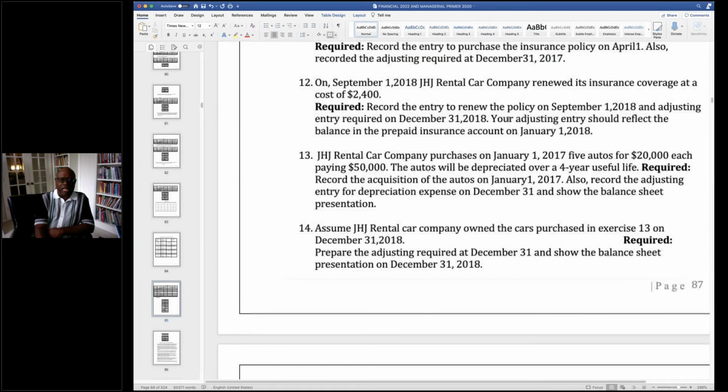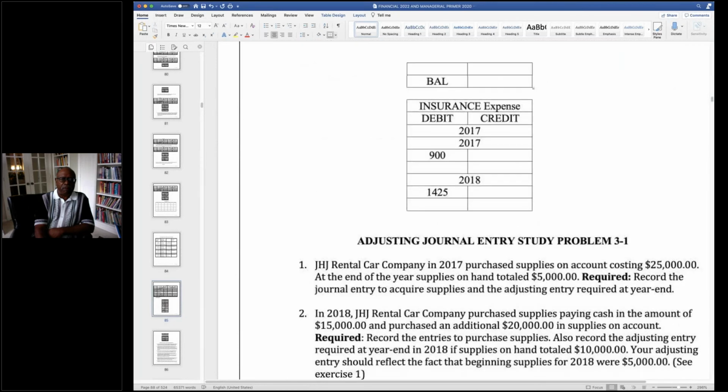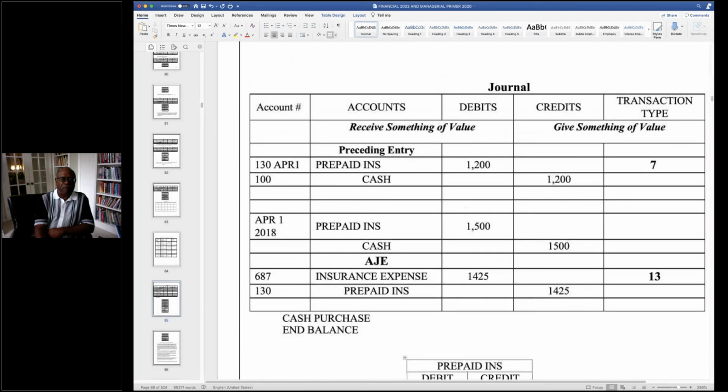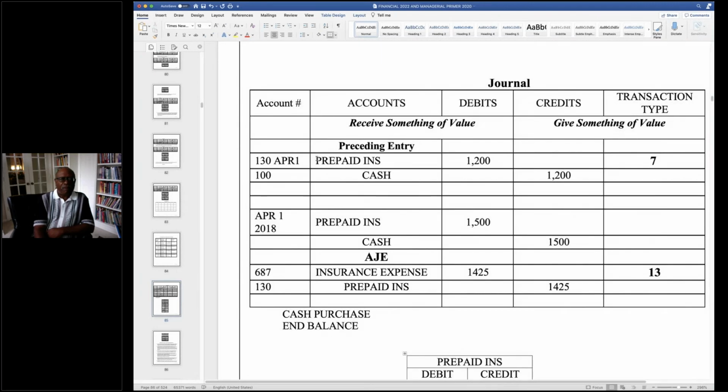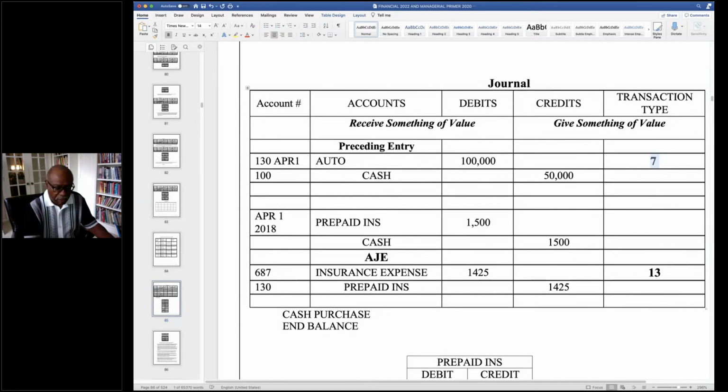Can I have a journal entry for that? The entry will be auto debited for 100,000, cash credited for 50,000, and notes payable credited for 50,000, and it's a type 7 and 12.